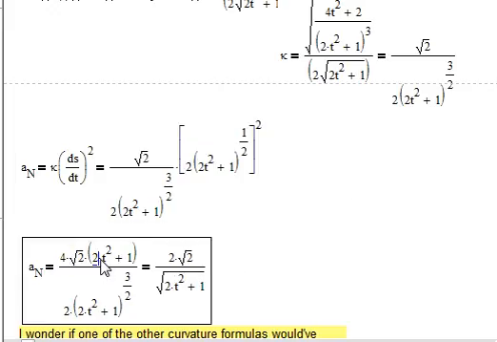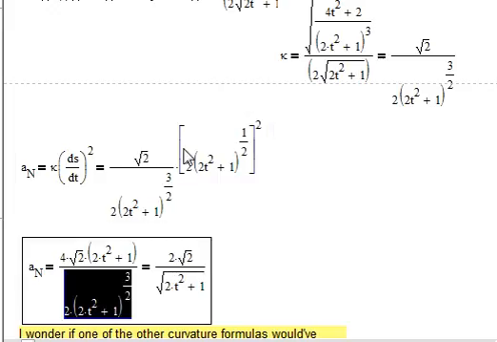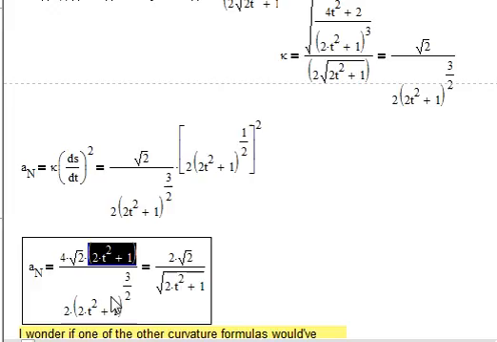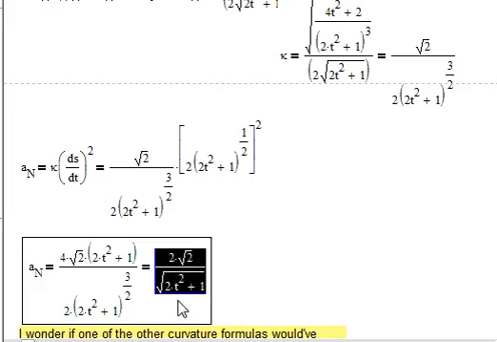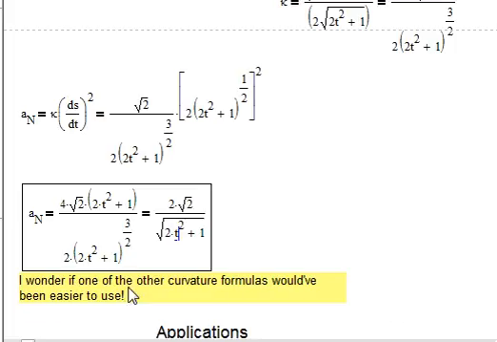There's the 4, there's the 2t squared plus 1. Here's the square root of 2 from this part. Here's the denominator from this part. And when you simplify all that, this cancels with part of this one, since that's the 3/2. The 4 and the 2 cancel. We get 2 square root of 2 over the square root of 2t squared plus 1. And I can't help but wonder if one of the other curvature formulas would have been easier to use, because that was painful.